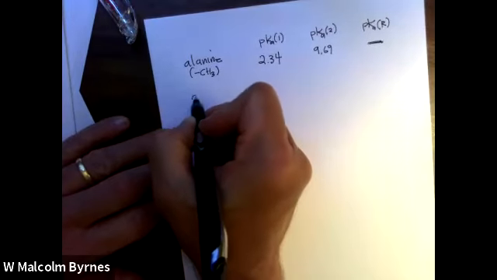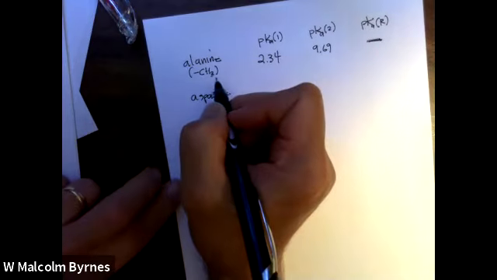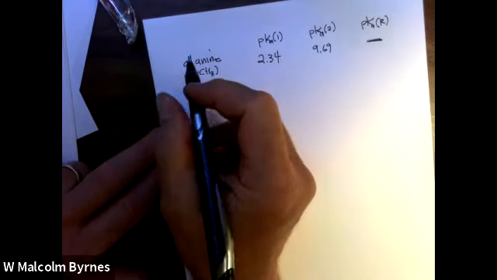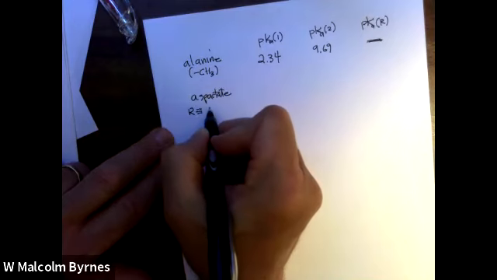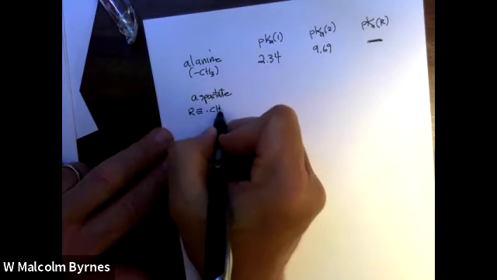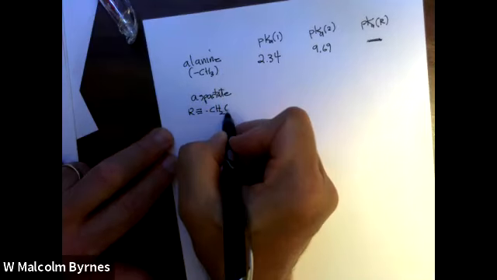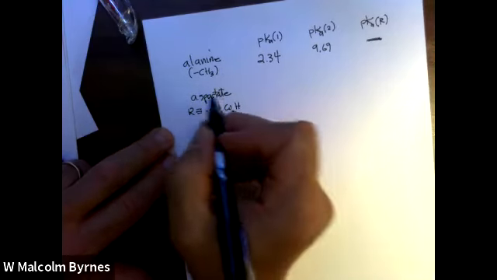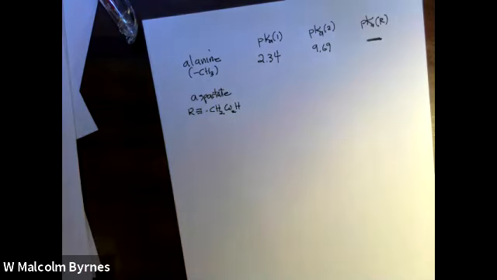Let's look at aspartate. Aspartate does have an R group that looks like this: CH2, CO2H. CH2, CO2H.